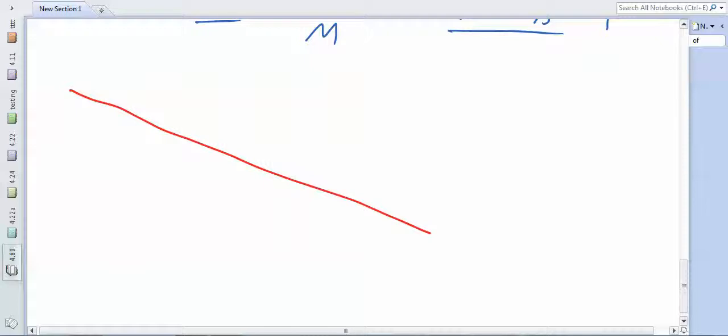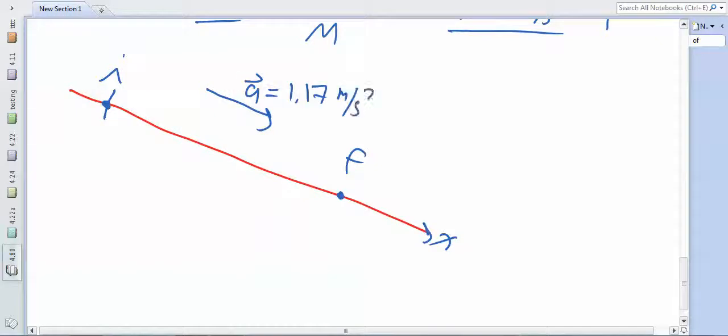I'll need 2 different points of interest, an initial point and a final point. We'll put the origin at the initial point, call the positive x direction down, and the acceleration we just found is 1.17 meters per second squared. And I have the kinematic variables xi, vi, ti, and xf, vf, tf.